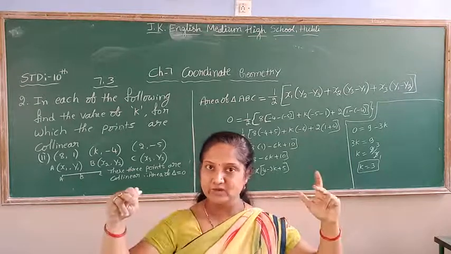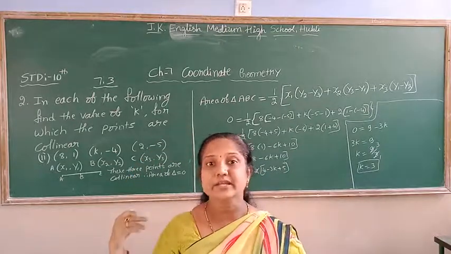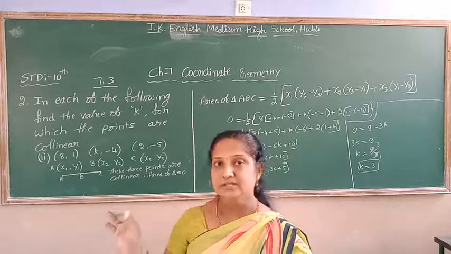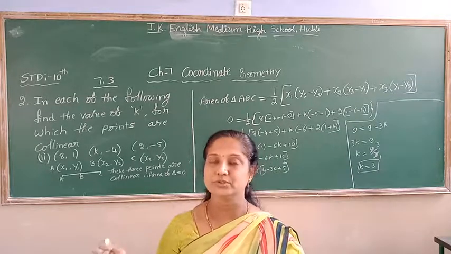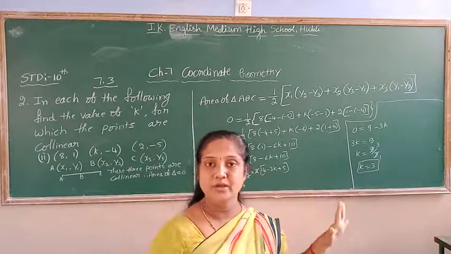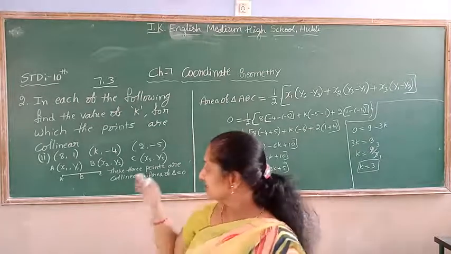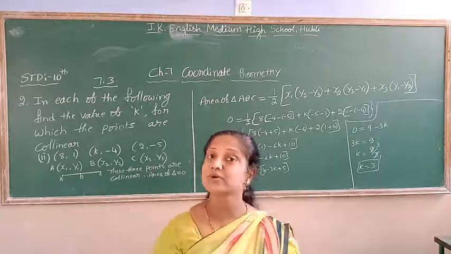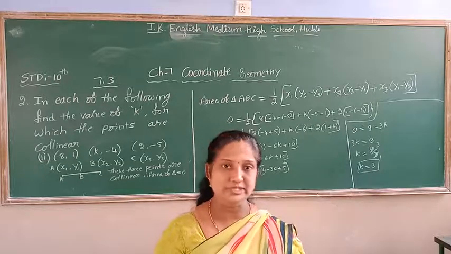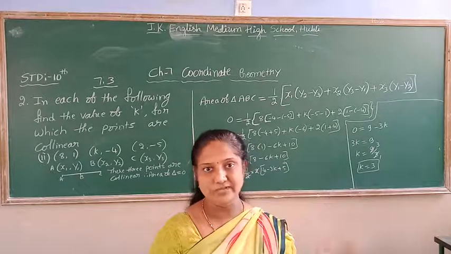If they are lying on one line, they will not form a triangle, so the area of triangle will become 0. You have to remember this point. When they give you this kind of question, you have to write 0 in place of area of triangle ABC because these 3 points are collinear. You have to substitute 0 in place of area of triangle, simplify, and you will get the value of the variable k.